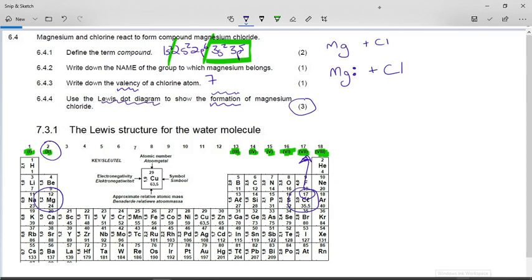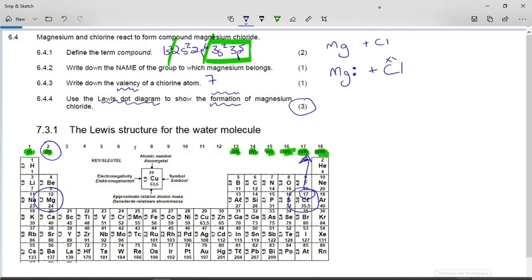Okay, so first of all, obviously you understand that when you are making a Lewis dot diagram for an element, you have to write the letters for the element, and that symbolizes the core of the element. So when we're having a reaction, we usually have 2 elements, so then we draw one with the crosses and one with the dots. So I've chosen to draw magnesium with the dots. I'm going to draw chlorine with the dots. So chlorine has a valency of 7, which we know from here and from the table.